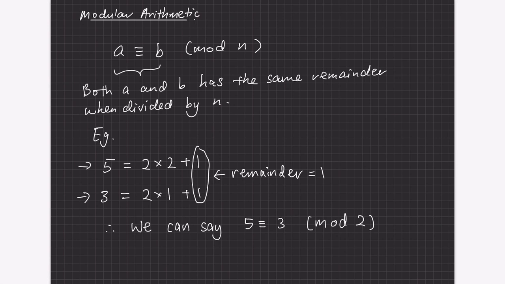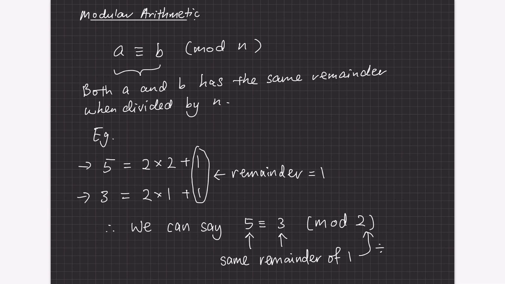Do take note that the 3 over here, the number on the right, we shouldn't see it as a remainder when you divide 5 by the divisor 2. It's just that both these two numbers, 5 and 3, have the same remainder of 1 when you divide them by 2.